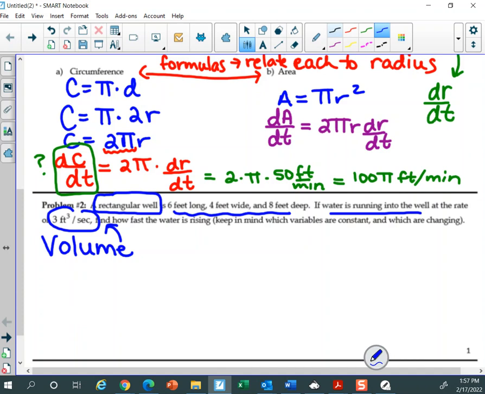Cubic feet per second. Straight up, that's a volume change, right? Because that's how we measure volume, in cubic feet. So there's a lot of clues in the problem sometimes that you may have to decipher to figure out, okay, what is the geometry of the problem? This is a volume problem. Sometimes it'll explicitly say volume, or whatever, area, surface area. So how I find the volume of a rectangular prism by taking the length times the width times the height.